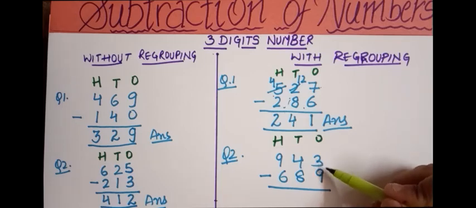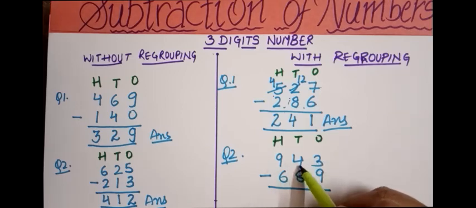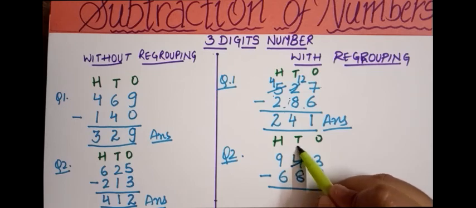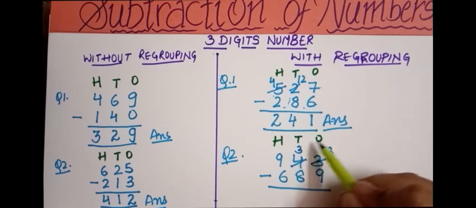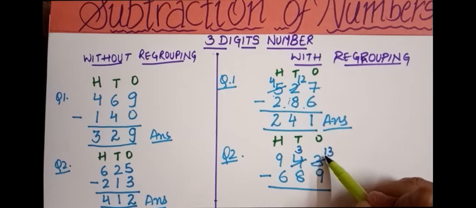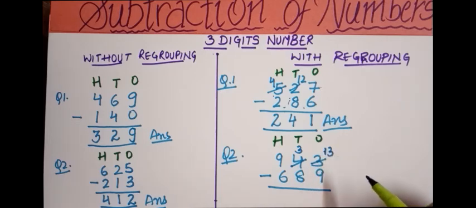So it is not possible to subtract this 9 from this 3. That means we will take help from this 4. Yes. So we'll take borrow from this 4. So this 4 will become 3 and this 3 will become 1, 3, 13, because 10 is mixed up here with this ones. So this is 1, 3, 13.